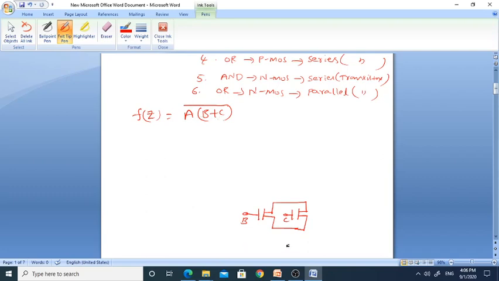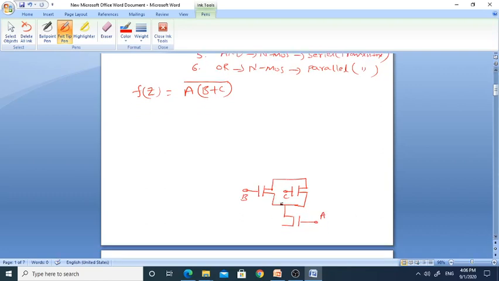So you take the transistor, this is the A, and I am connecting this to ground.